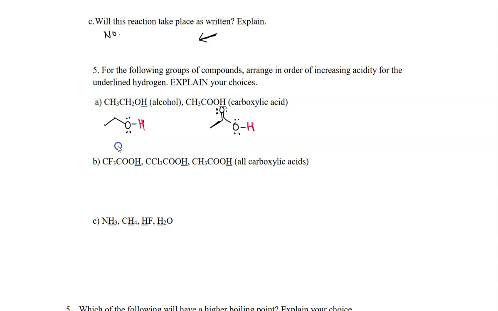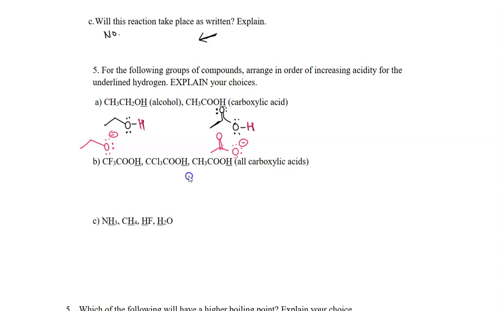So what we need to do, again, as in the previous question, is draw the conjugate base of these acids. Once the proton is removed, whatever is remaining is the conjugate base. So the conjugate base of this alcohol is the one that's drawn here, and the conjugate base of this molecule is this one.